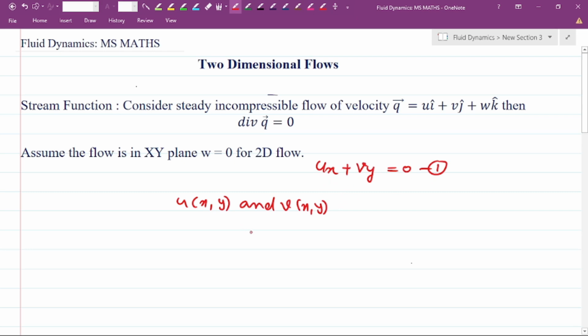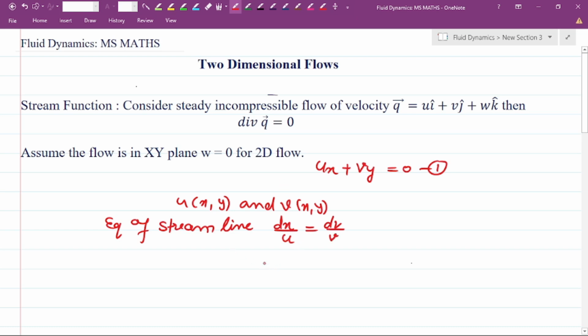We can write the equation of a streamline, which we have already discussed, in two dimensions. It is dx by u is equals to dy by v.